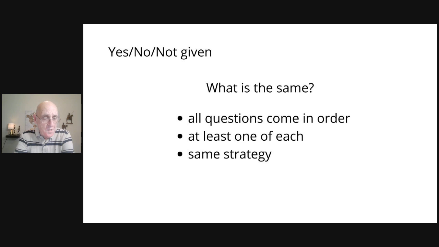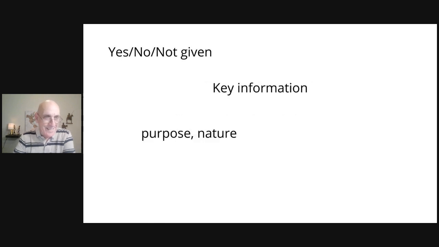And the strategy for both types of these questions is the same. So what I would encourage you to do is to watch these two videos together. You can find the video about true, false, not given on the YouTube channel, and I would encourage you to watch that as well as watching the video you're watching right now.